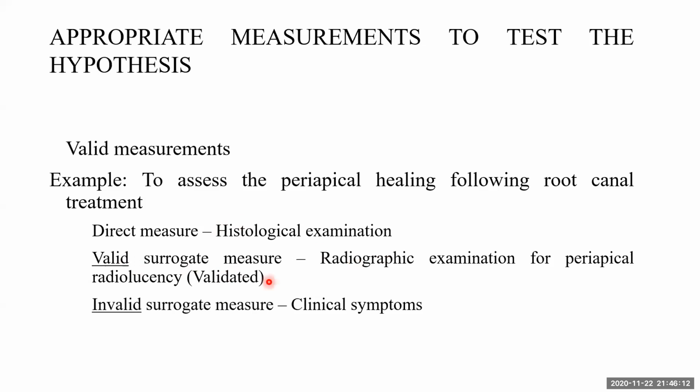Therefore, it is a validated measure and can be considered as a valid measurement of periapical healing following root canal treatment. And then we have invalid surrogate measures, like clinical symptoms. They are invalid and they cannot be used to assess the periapical healing following root canal treatment. This is an example of valid measurements to test the hypothesis.